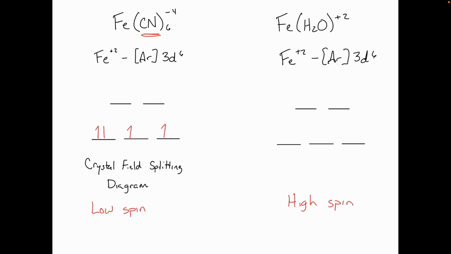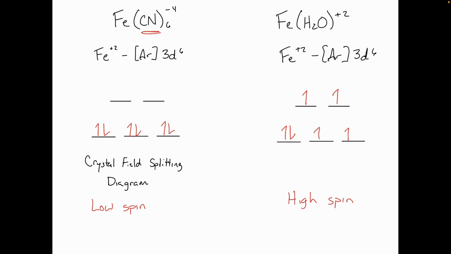So 1, 2, 3, 4, 5, 6. For high spin, you're going to half fill everything before you start doubling up. So I'm going to go 1, 2, 3, 4, 5, then start doubling up 6. That's the difference between low spin and high spin. Low spin, fully fill low first. High spin, half fill everything first.